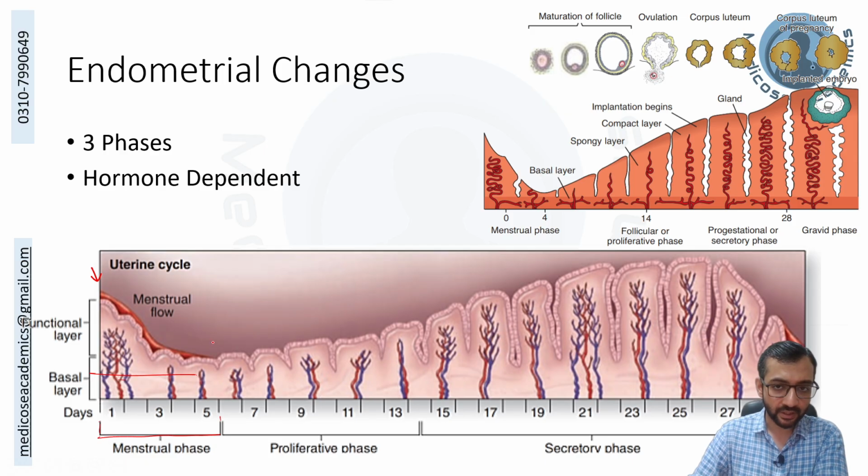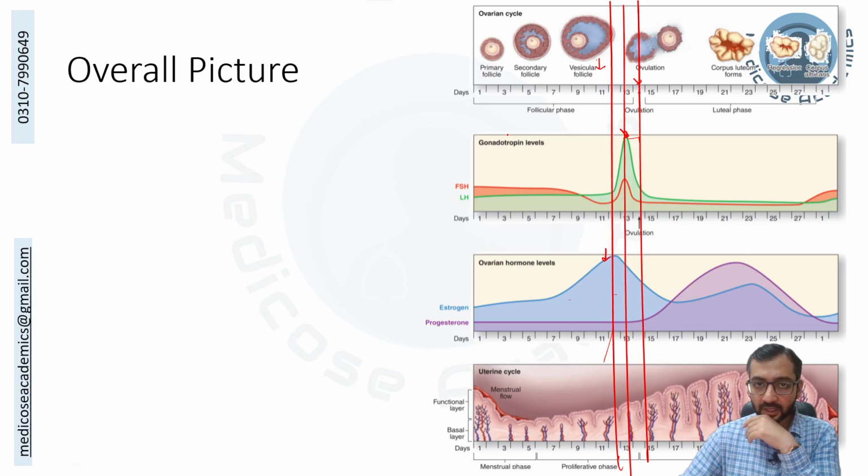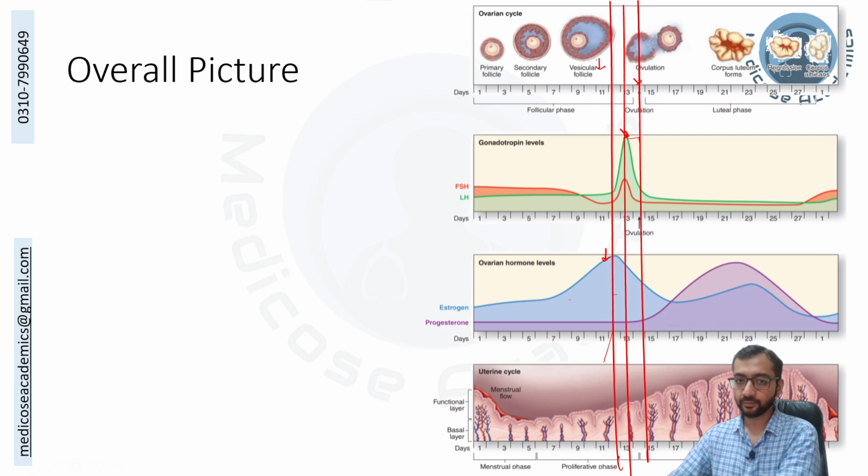At the end of the menstrual phase, the bleeding stops and you are left with a broken up, torn up endometrium, and this endometrium is now repaired, stimulated by estrogen. You can see here where progesterone fell below a critical point.